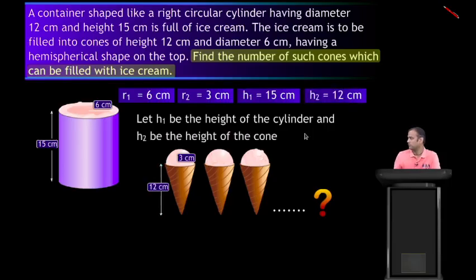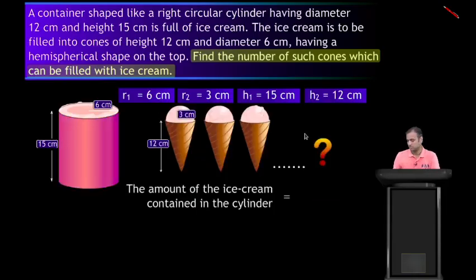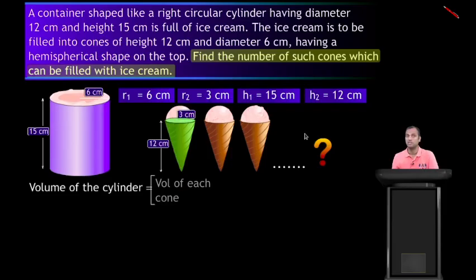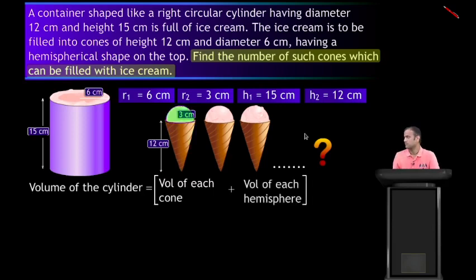H2 be the height of the cone, which is 12 centimeter. Now the amount of ice cream contained in the cylinder is equal to the volume of the cylinder, which is equal to volume of each cone, means volume of one cone plus volume of each hemisphere, because this shape is composed of two parts. First is cone and another is hemisphere.